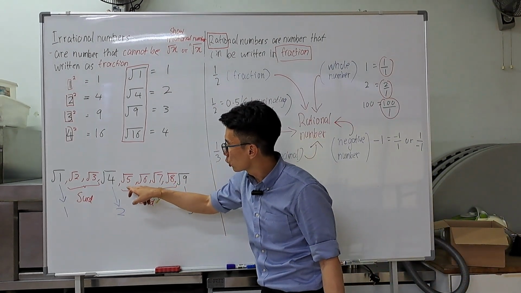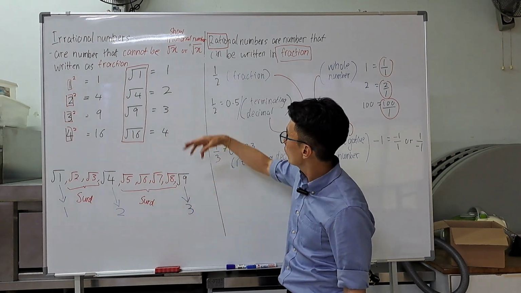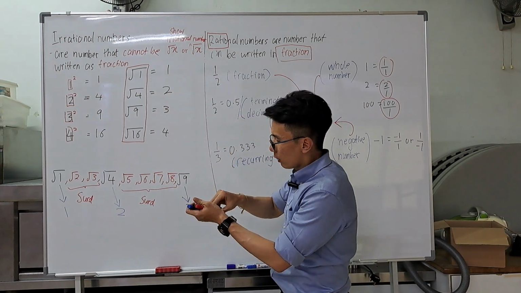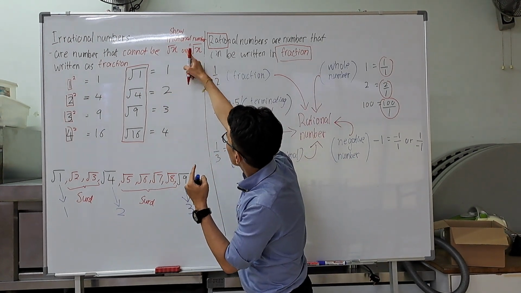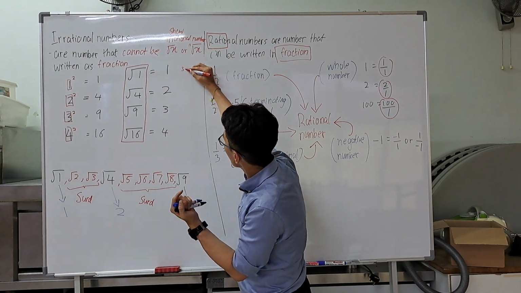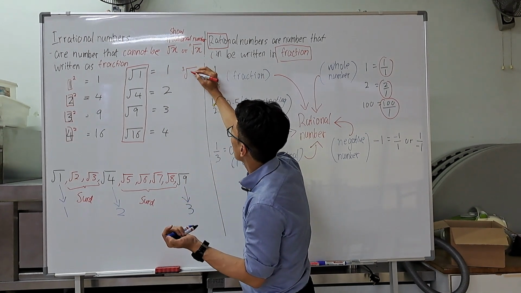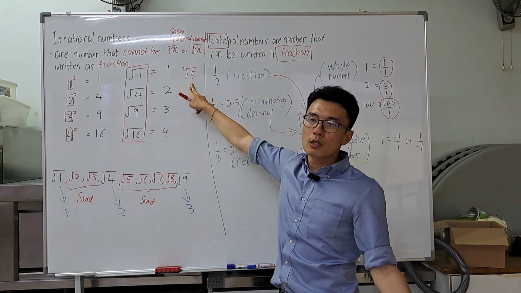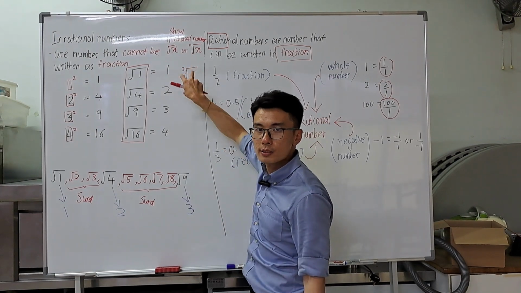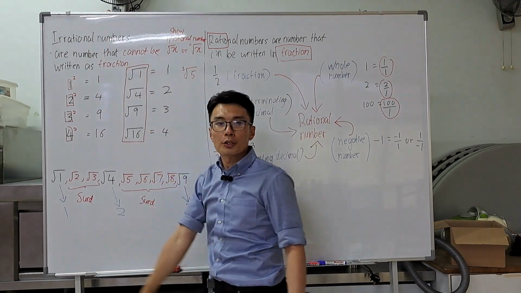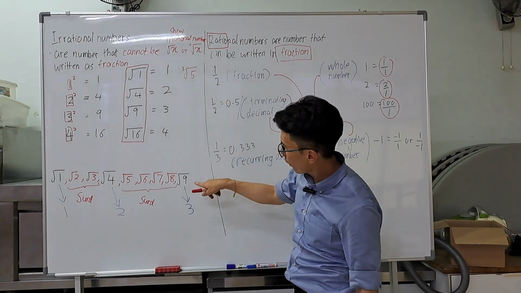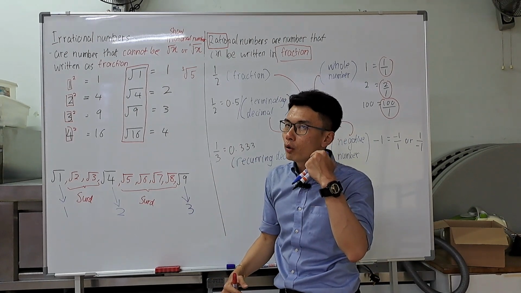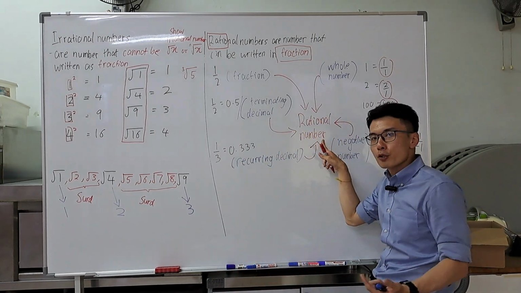If we can't simplify a square root, or a cube root for example, where n can be any positive number, for example 3, a cube root of any number, let's just say 5, we can't simplify this. So this is a surd, and surds belong to irrational numbers. If any square root or any cube root can be solved, it will be a rational number.